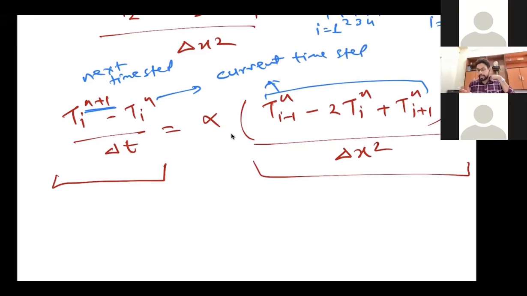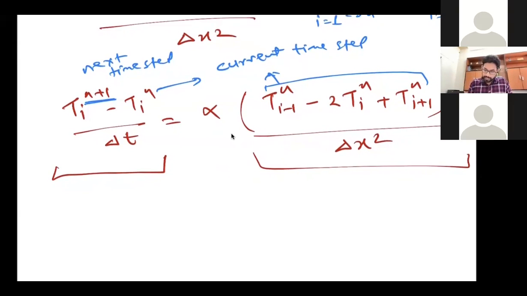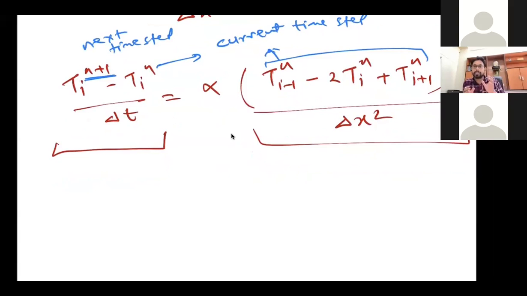The current time step is something that we have already calculated, and now we will use it for calculating the next time step. If we take everything associated with the nth time step, we can calculate the n plus 1 time step. So we will keep Ti n plus 1 on the left hand side and put everything on the right hand side.